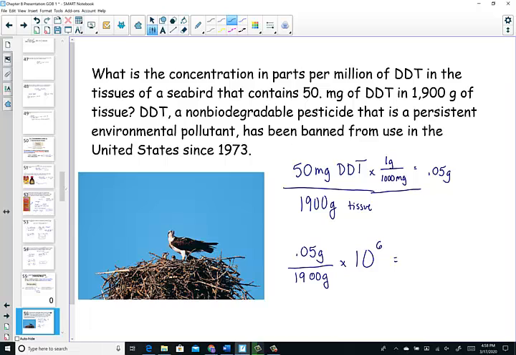So my key sequence says to multiply by 10 to the 6. Type in 0.05 divided by 1900 times 1 million. And this right here is your scientific notation key.